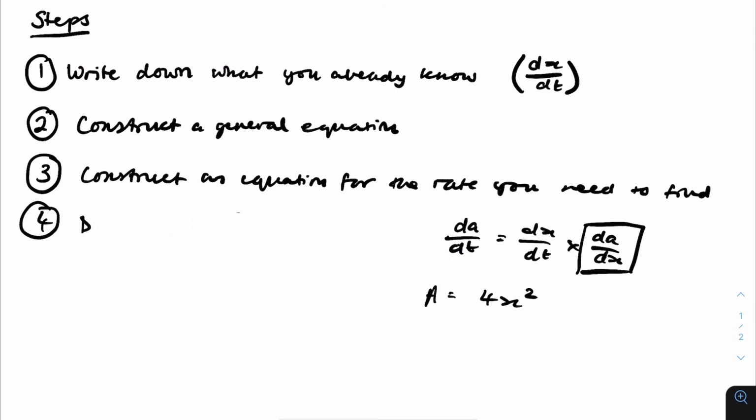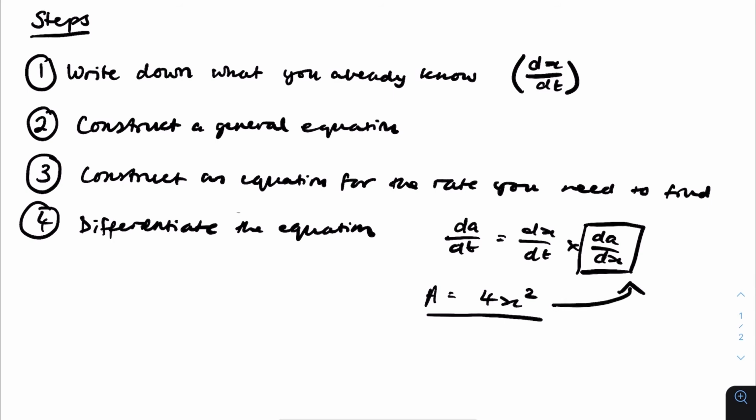Differentiate the equation. So if you have A equals 4x squared, differentiate so you can get dA over dx, and therefore easily substitute in here. So dA over dx would be equal to 8x in this case.